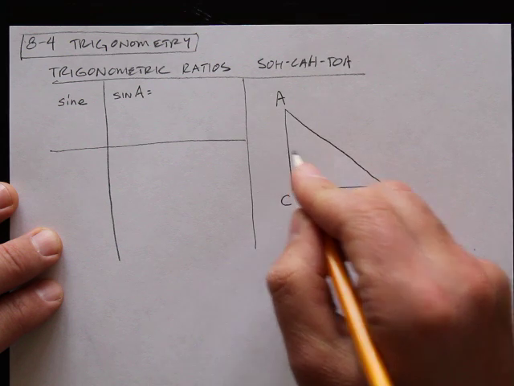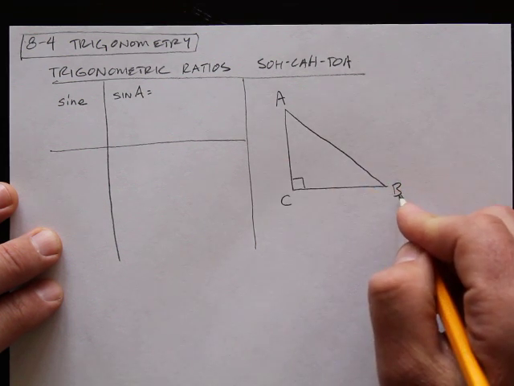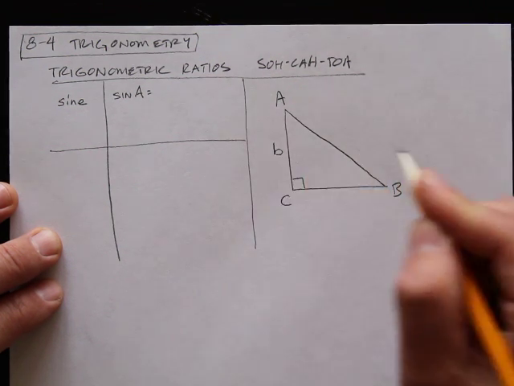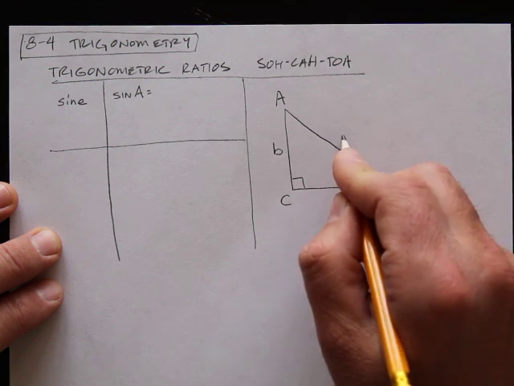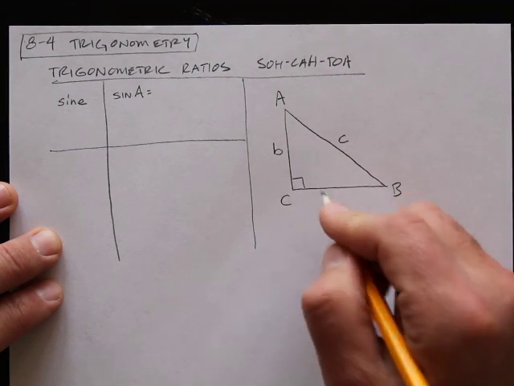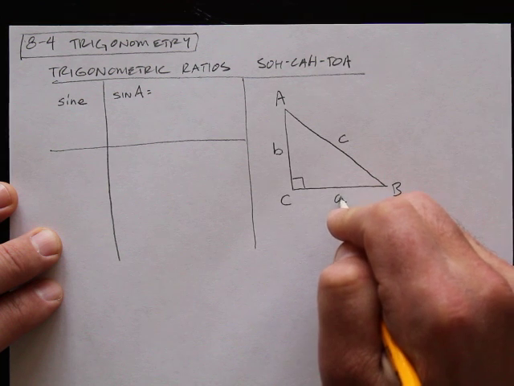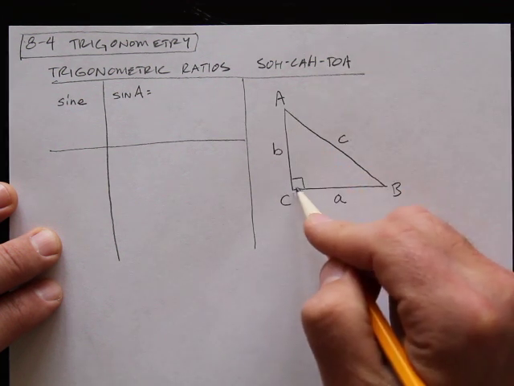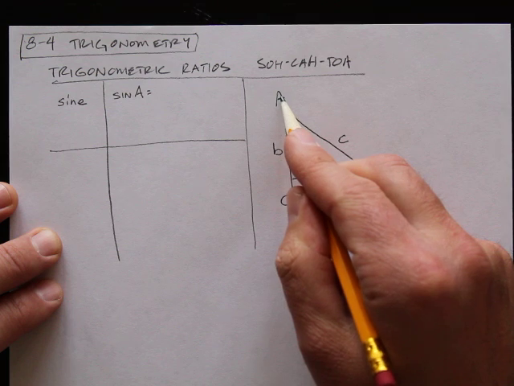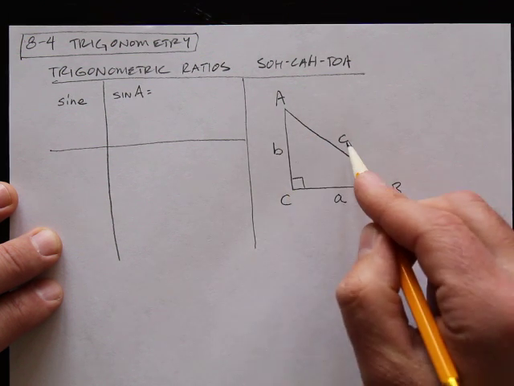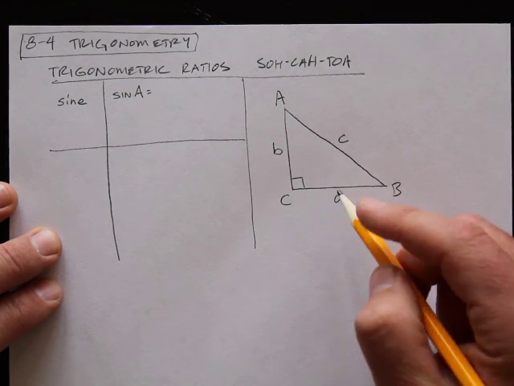The side across from angle B is side B, across from C is side C, and across from A is side A. Notice the angles, the points are uppercase letters and the sides are lowercase letters.